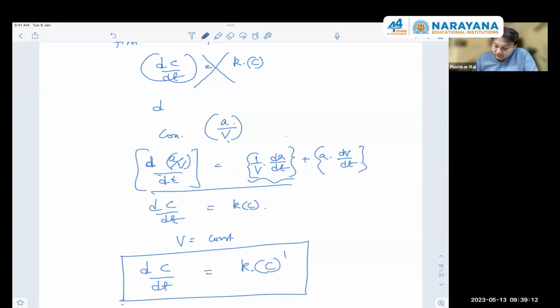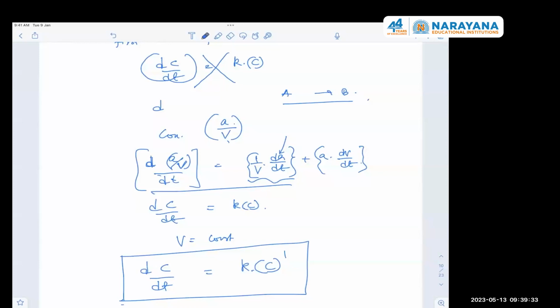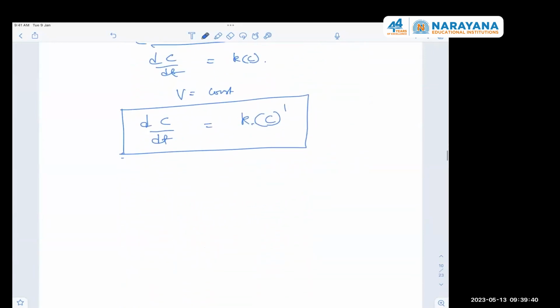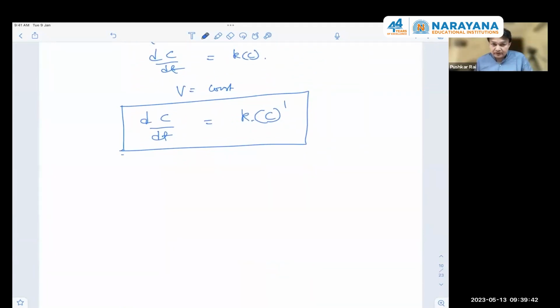This variation of A with time is due to the first order process, since suppose A is changing into B. So inherently, this dA by dt represents how this reaction wants to change. But this volume V is also a variable here. Yes, sir, understood. Everyone understood? I hope that you understand.